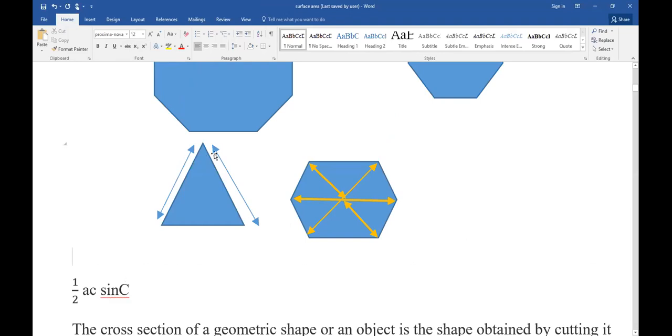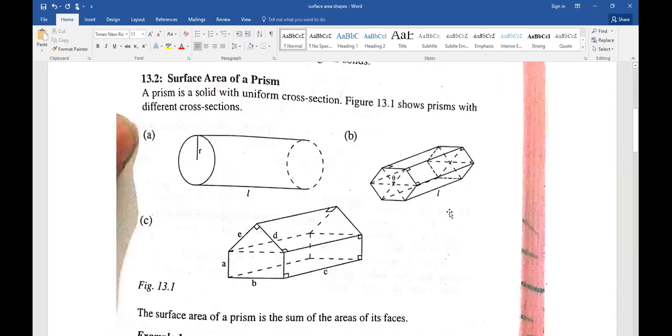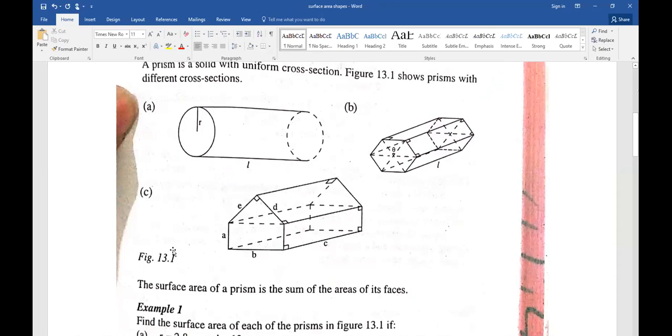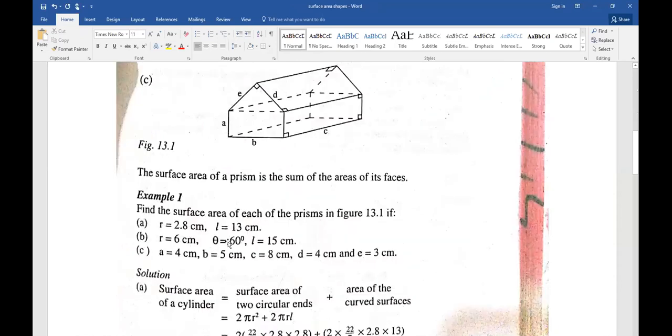So if we go back to our diagram, we have been told that the radius is equal to 6 and theta is going to be 60 degrees.